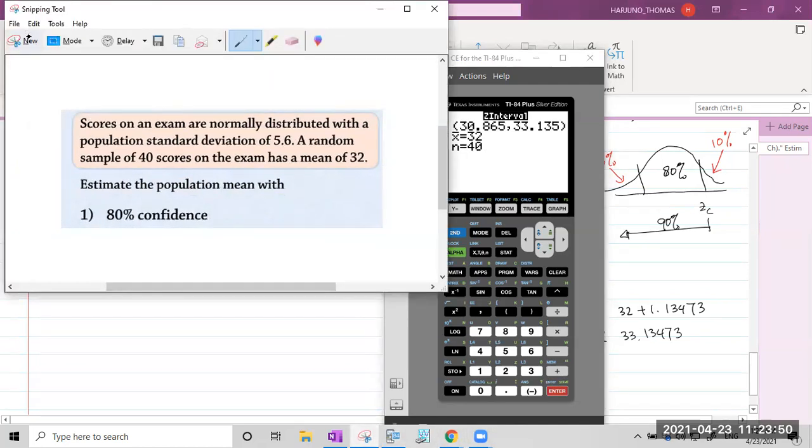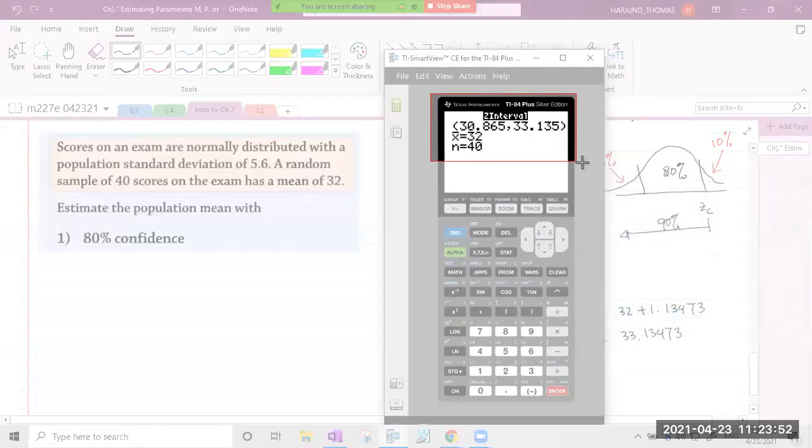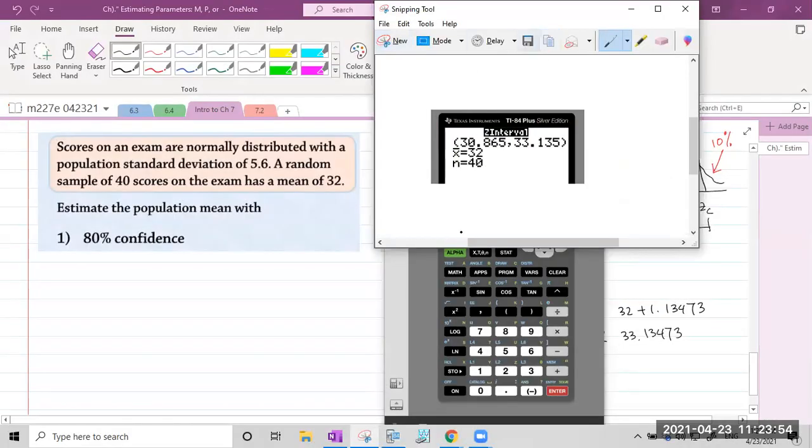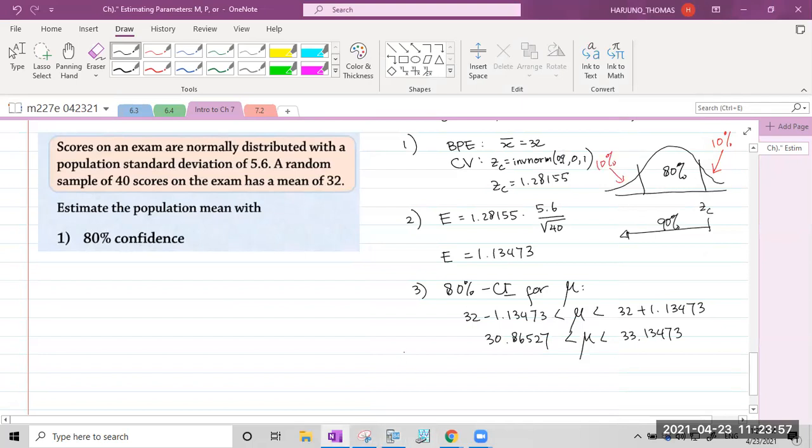Screenshot so that we can easily compare. So this is the answer from calculator.